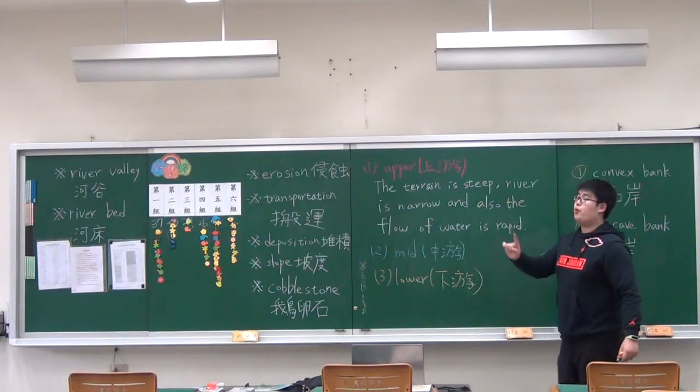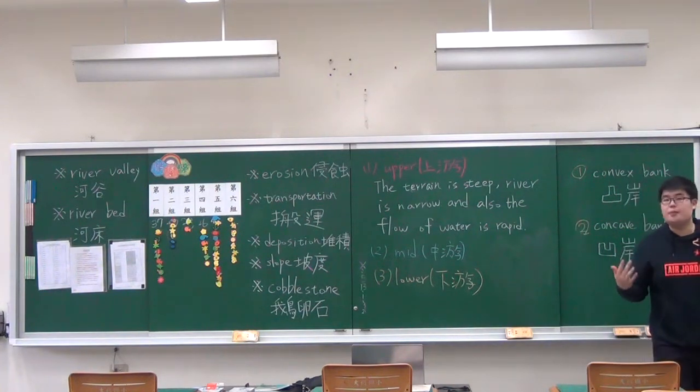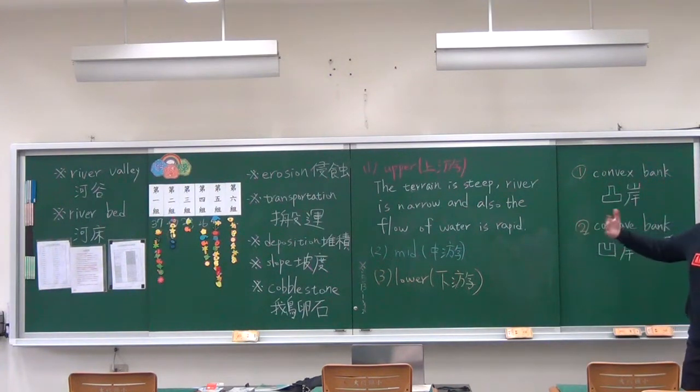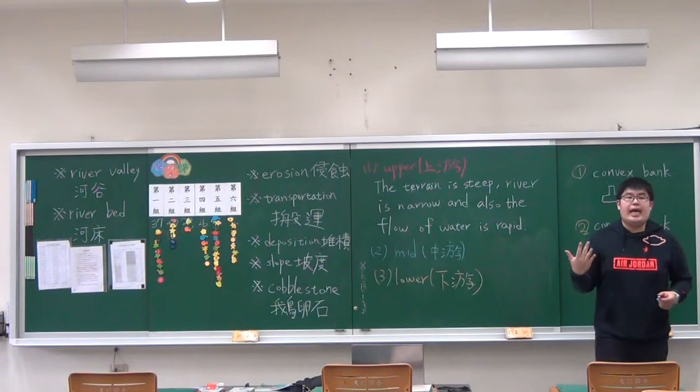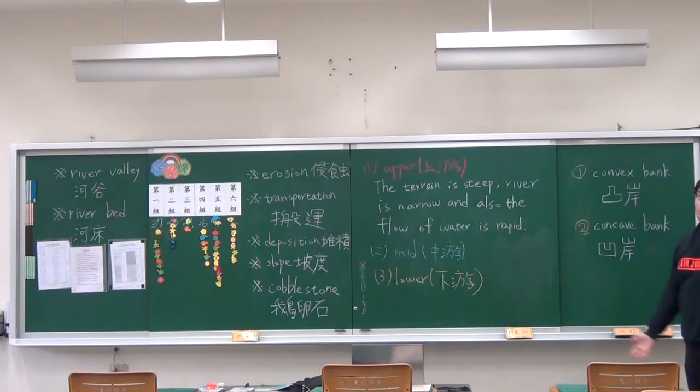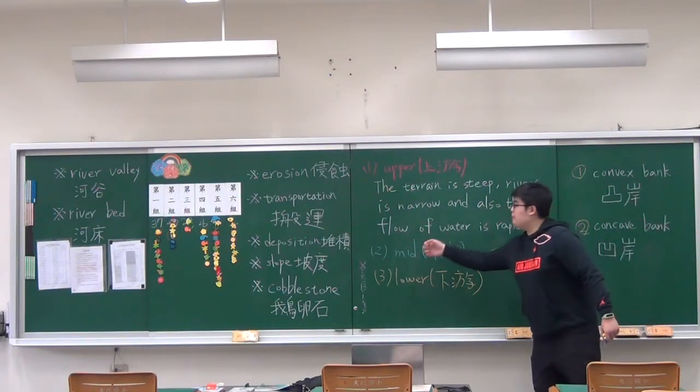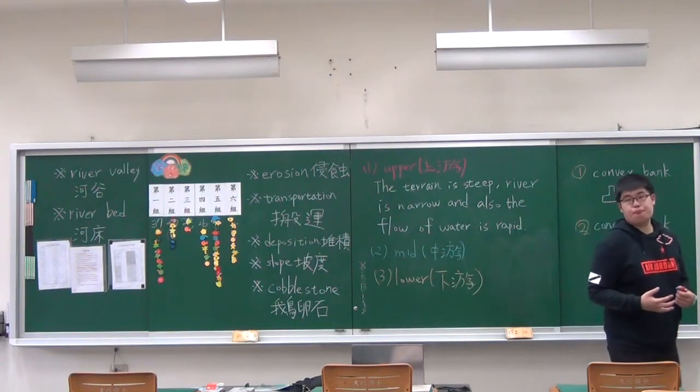The first point is the terrain is steep, which means the slope is steep. The second point is the river is narrow and the flow of water is rapid. Move on to the mid part of the river.